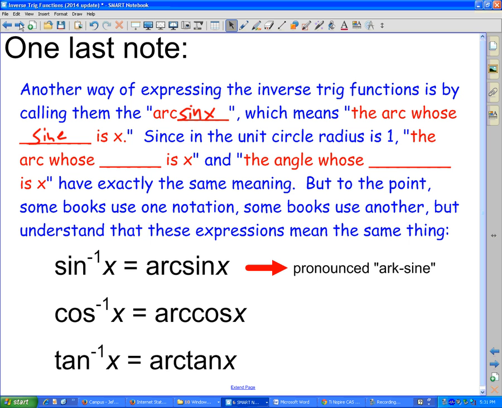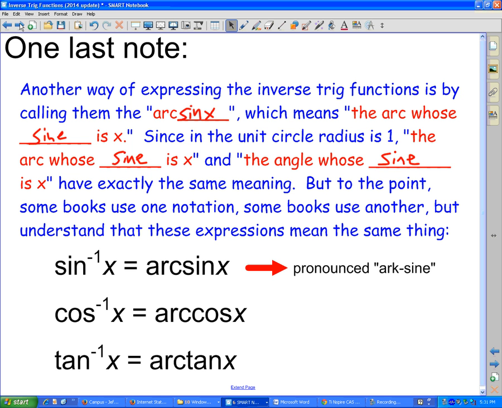Now, since the unit circle radius is 1, the arc whose sine is x and the angle whose sine is x have exactly the same meaning, because with a radius of 1, the arc length is going to be identical to your angle rotation, your radian rotation. And so they really have the same meaning. But to the point, a lot of books use this notation instead of the inverse notation.